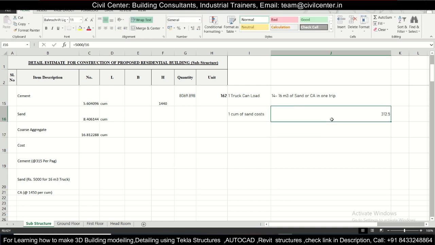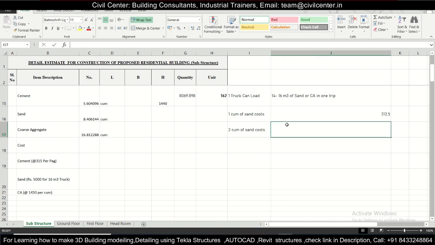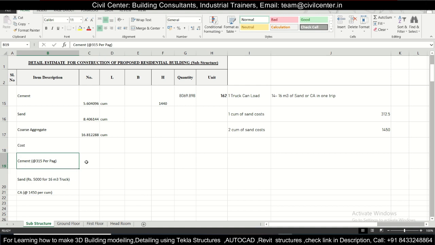If 16 cubic meters costs 5,000, 1 cubic meter will cost this much of sand, and similarly 1 cubic meter of aggregate costs, already we know, 1450 per cubic meter. This is the cost of the aggregate here.